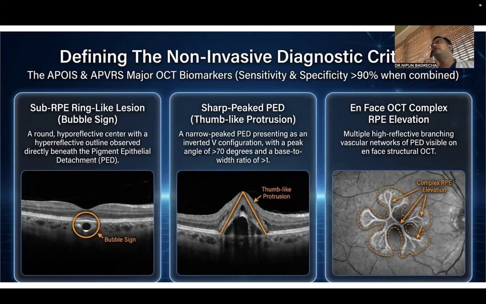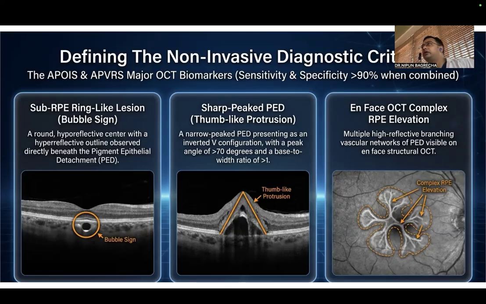The polyps are very prone to bleed. We have cases of sudden diminution of vision due to bleeding of the polyps in the submacular area, a submacular hemorrhage. The third was the sub-RPE ring-like lesion, which has OCT-based diagnostic criteria. So whenever ICG is not available, these four diagnostic criteria are very good.